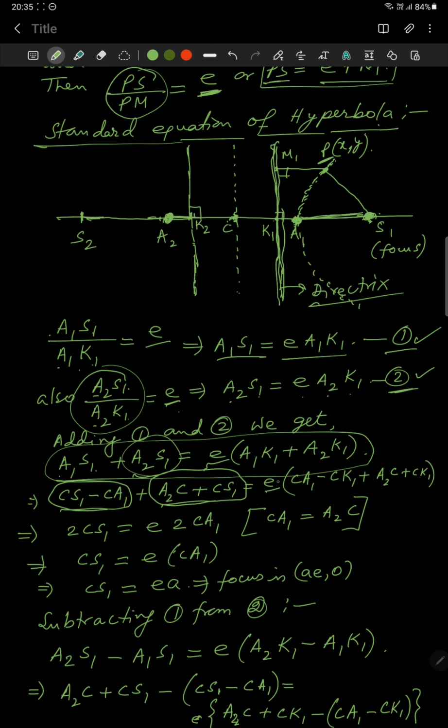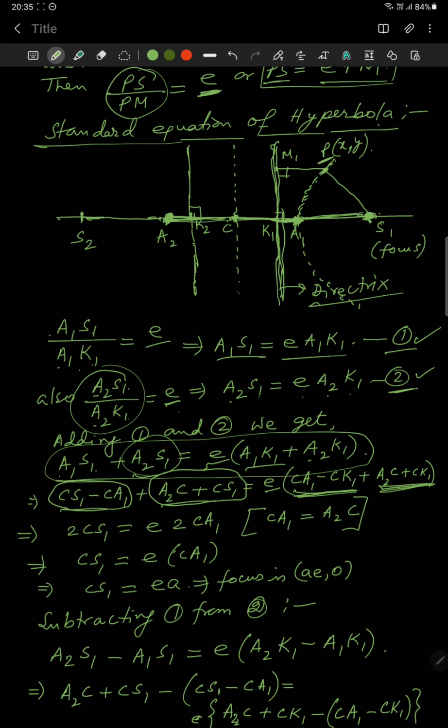Then E is taken common, and A1K1 can be written as CA1 minus CK1, and A2K1 can be written as A2C plus CK1, that is what I have written here.